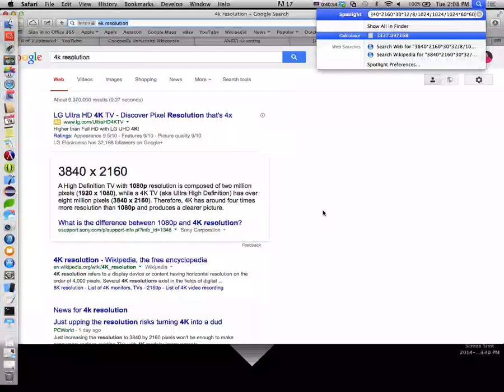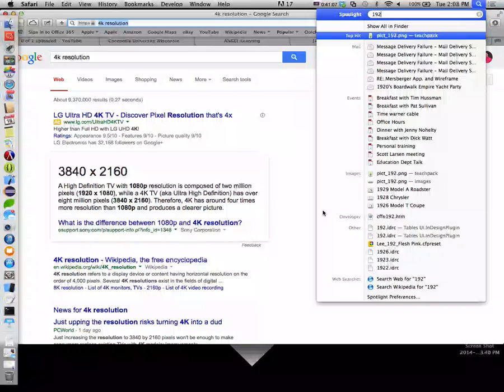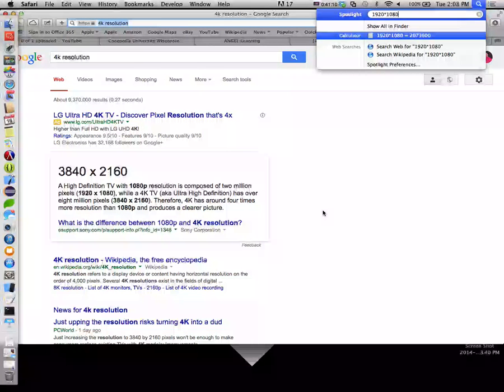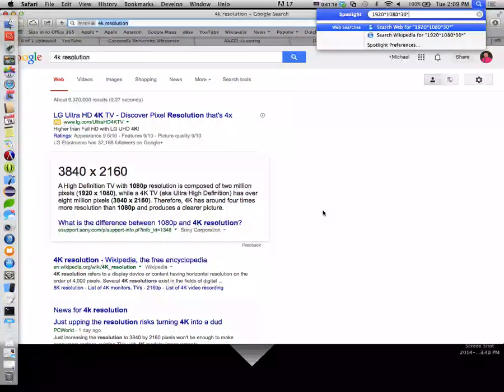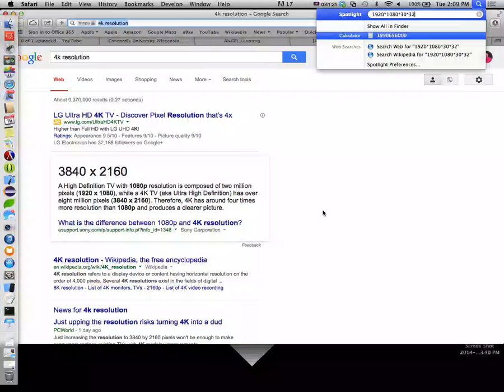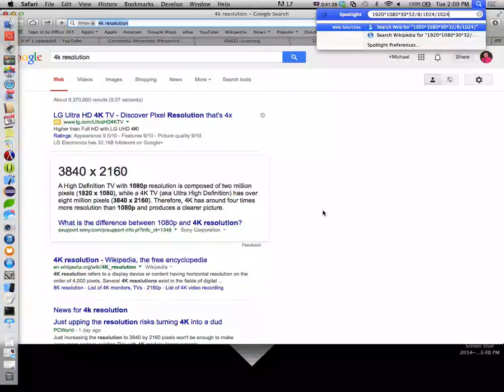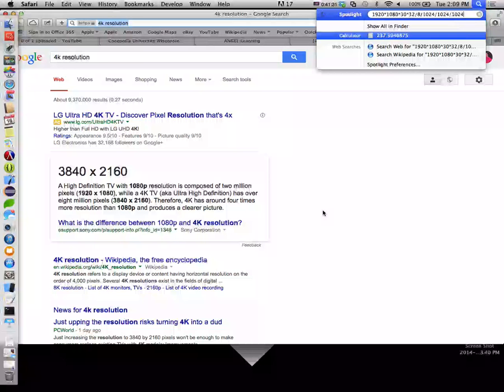So as you can see, 4K becomes a problem. 1080p is still a problem. True 1080p, that's 1920 by 1080 number of pixels, times 30 frames a second, times 32 bits per pixel, divided by 8 bytes, divided by 1024 kilobytes, divided by 1024 megabytes, divided by 1024 gigabytes.